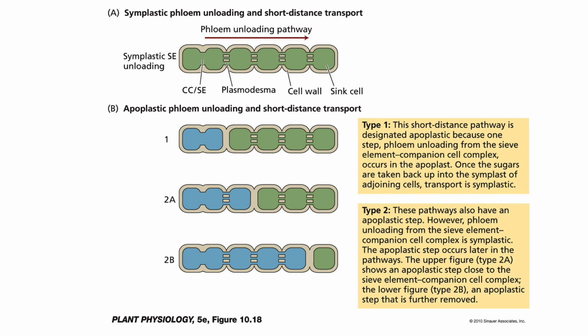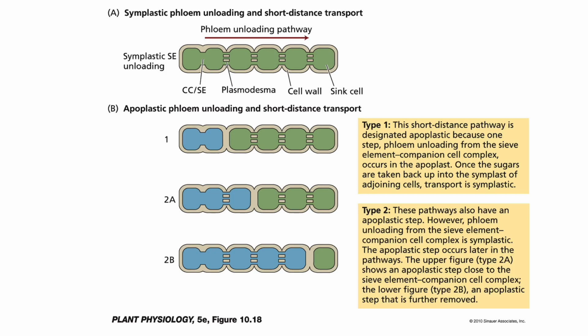So the important driving pathways, in fact, are the phloem unloading, which we'll look at here. So in the top figure here, we can see that phloem unloading can occur symplastically and over short distance transport pathways.